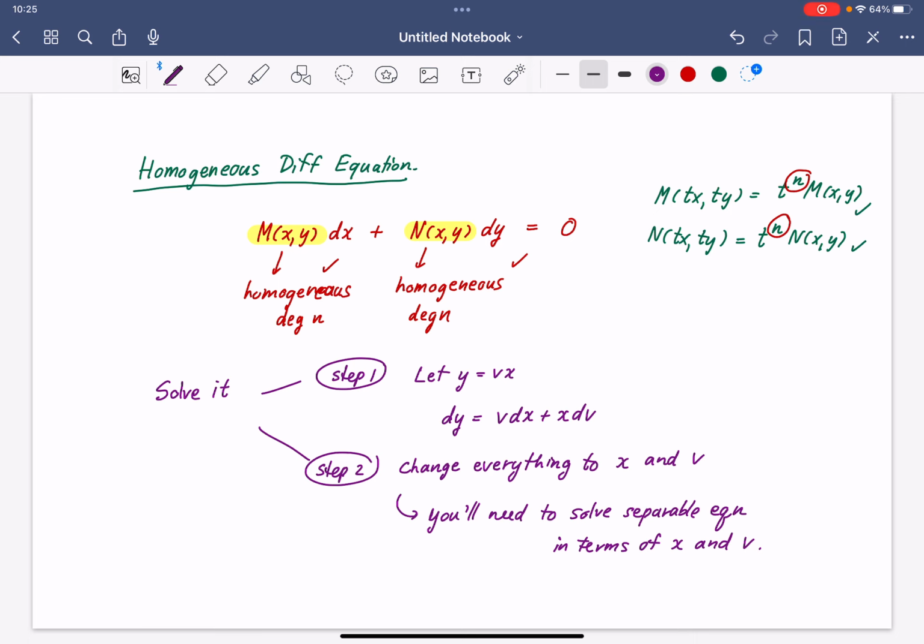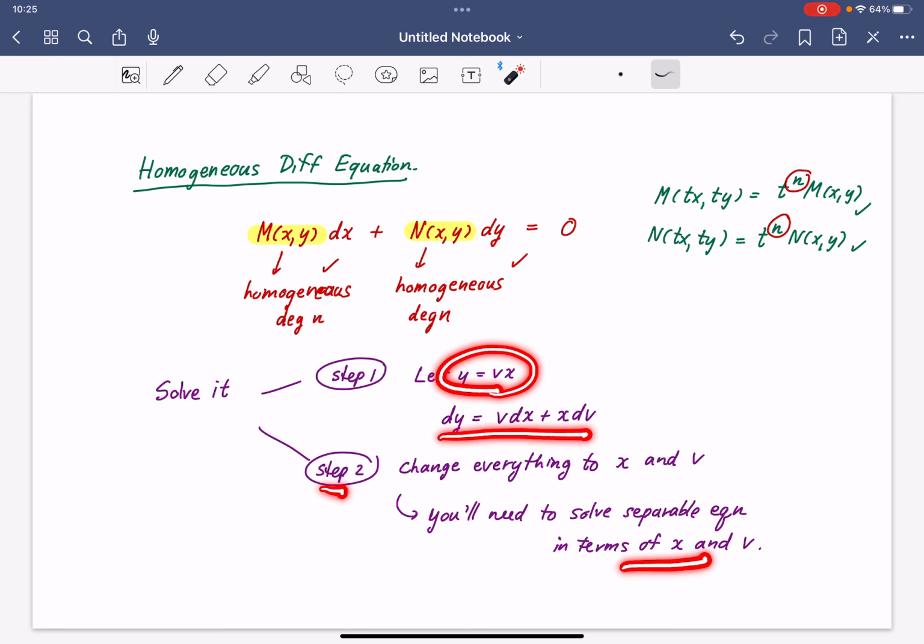But when we want to do homogeneous differential equation, first of all, check first M and N. They are both homogeneous, degree n. And then after that, you do step number 1, define y equal to vx, and then you get this one. And then step number 2, you're going to get this one. Once you see the example, you're going to be more clear what I mean by checking the homogeneous and then doing the change of variable.